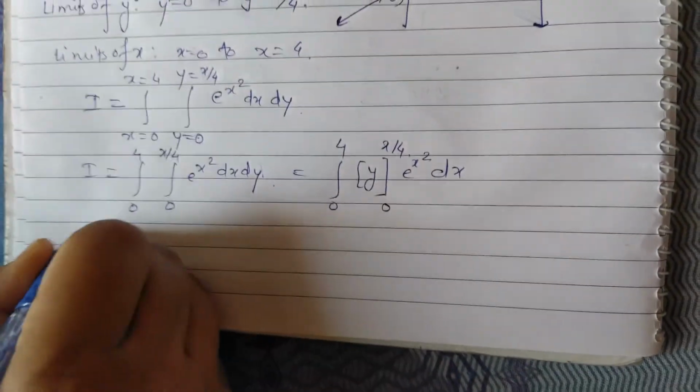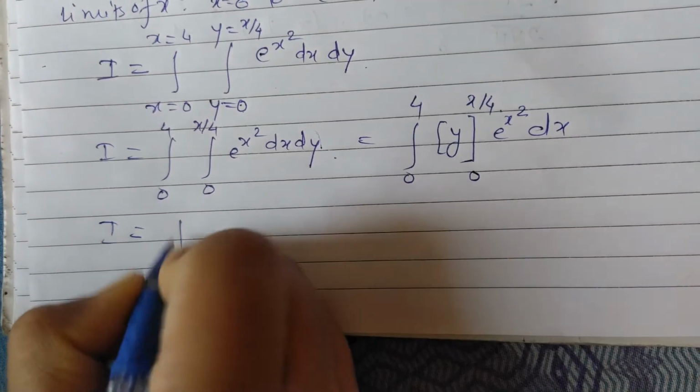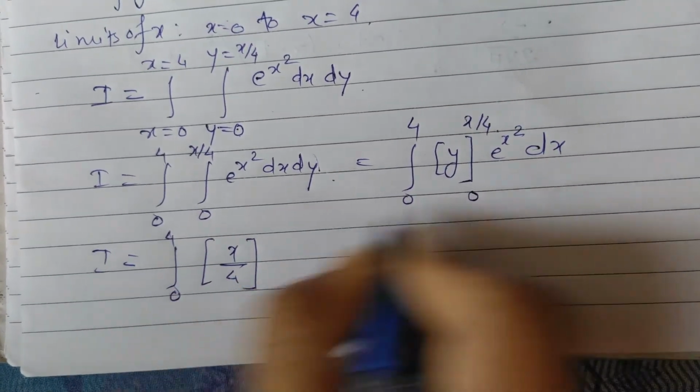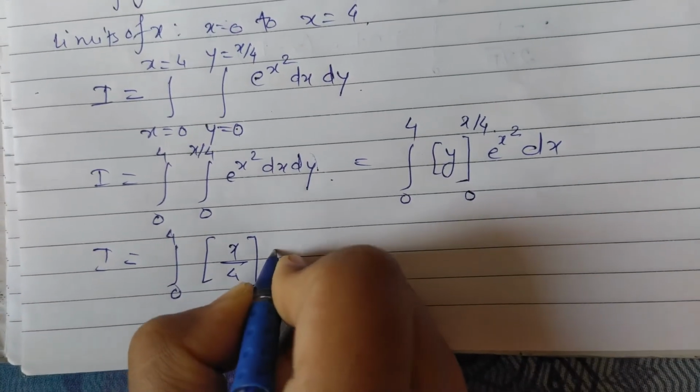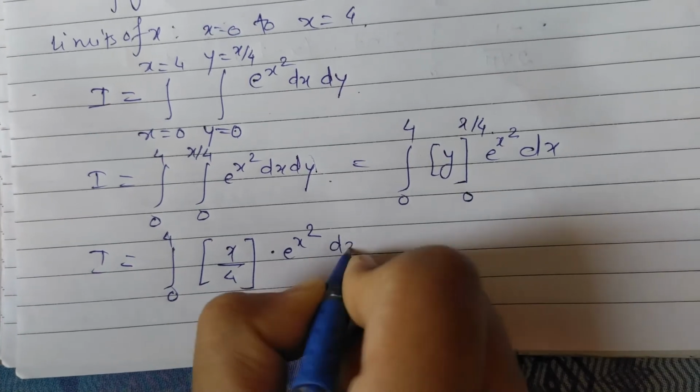Now substitute the upper limit x by 4 and the lower limit 0, into e raised to x square dx.